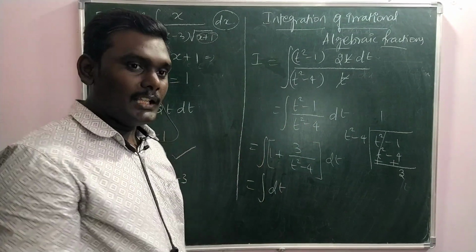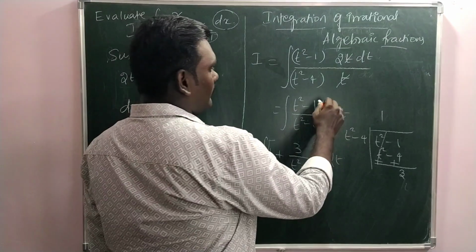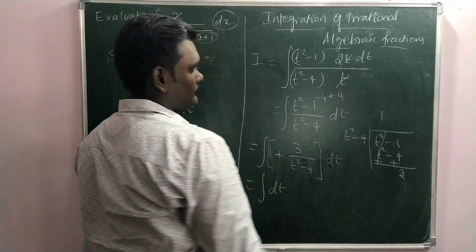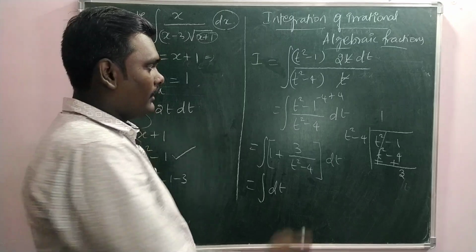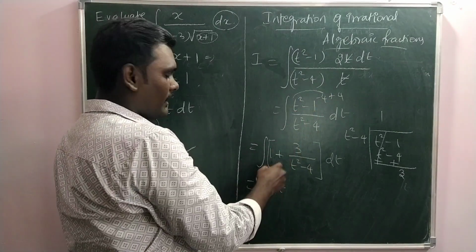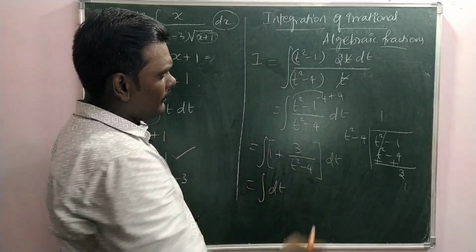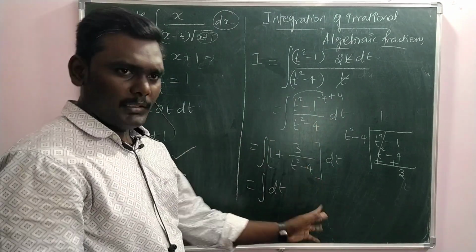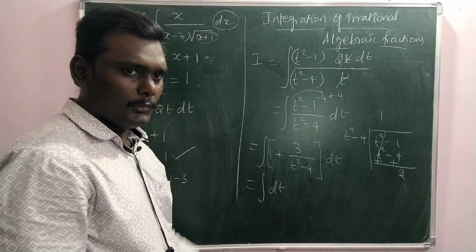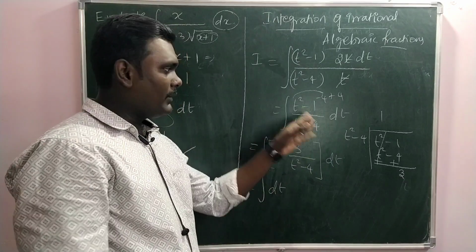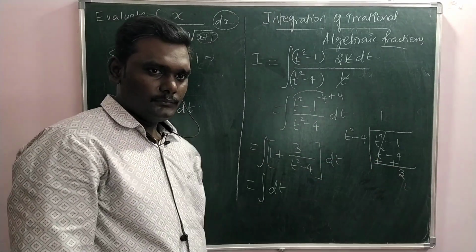Or else we can do one thing. Algebraic twins we have seen, right? We can put minus 4 plus 4. Then t square minus 4 we can combine, and we get t square minus 1, then plus 3, divided by the whole thing. Both ways we can do it, not a problem. But if it is not possible, this is the only possibility.